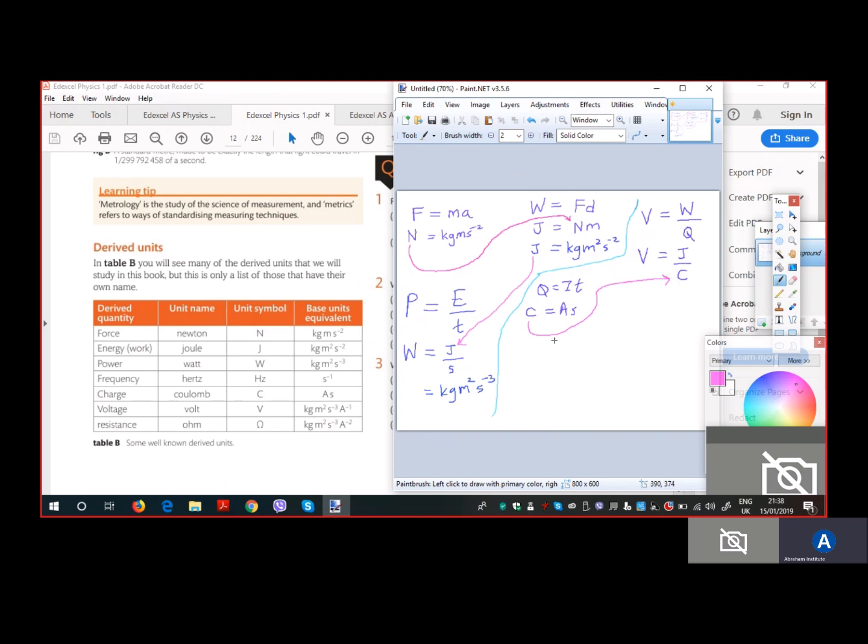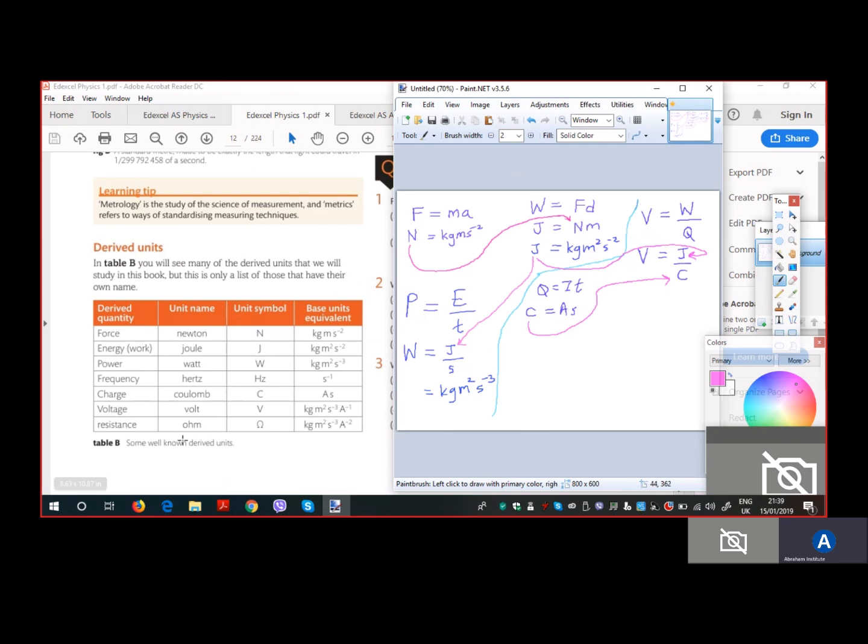Is that clear? Then when you simplify, you should get this. Do you want me to do it, or can you do it? Okay, then we'll move on.